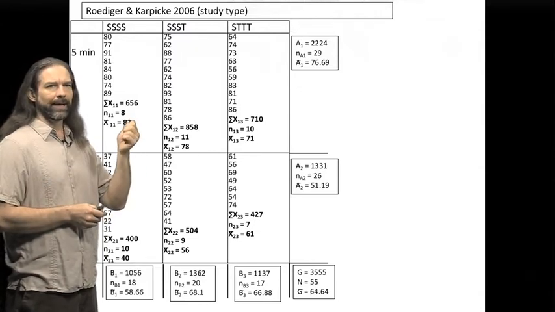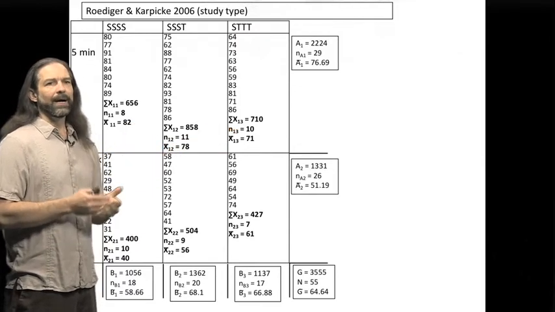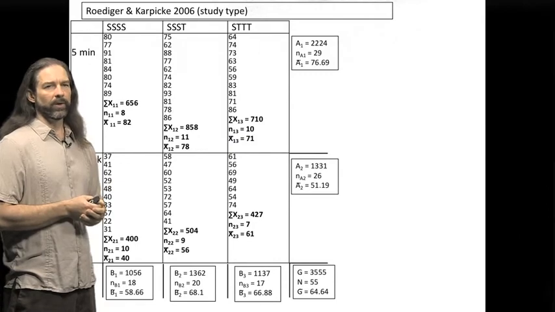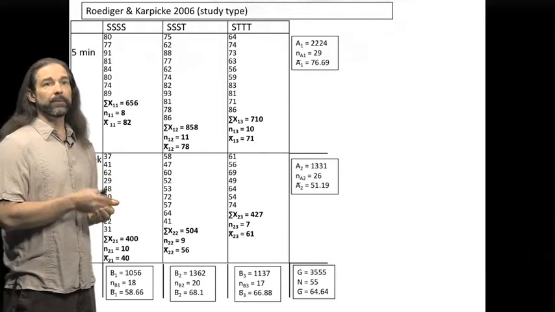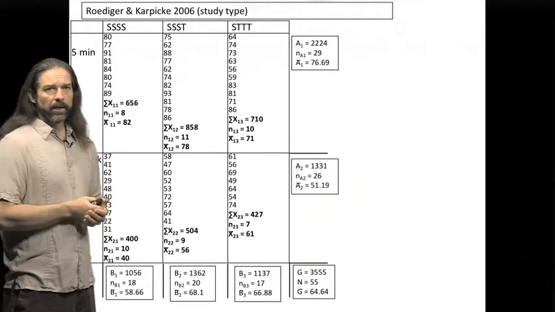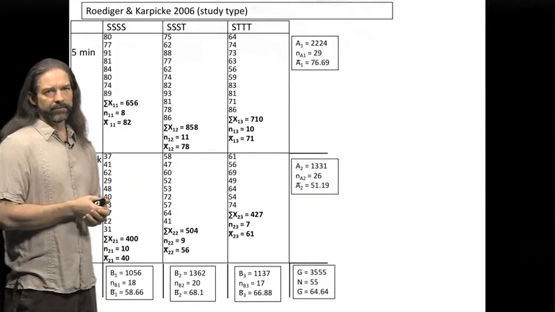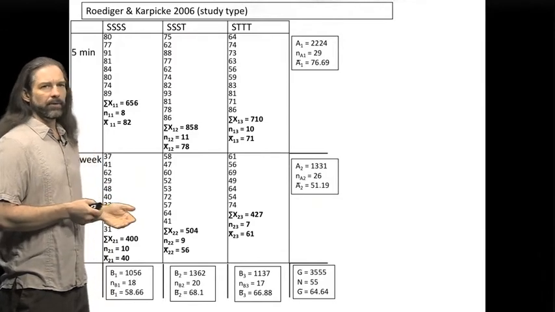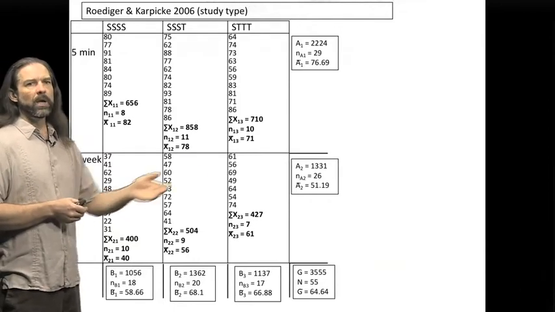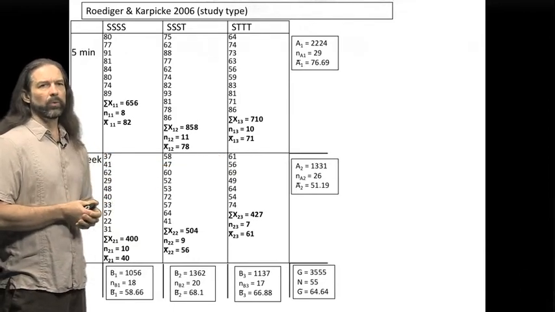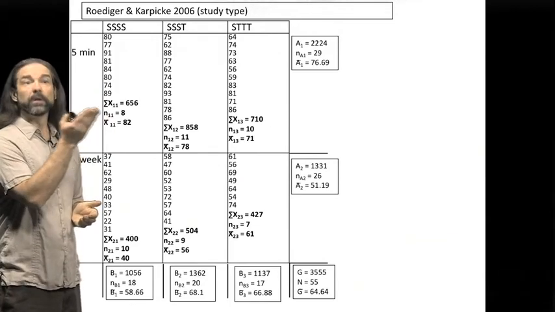If you look, I've got 8 observations, 11 observations, and then finally 10 observations. I add that together, that gives me a total of 29 observations for that row. Therefore, the row total divided by the number of observations for that row gives me a row marginal mean, A bar sub 1, of 76.69. I do the same thing for row 2, which is all of the 1-week observations. We'll get that marginal mean of 51.19.